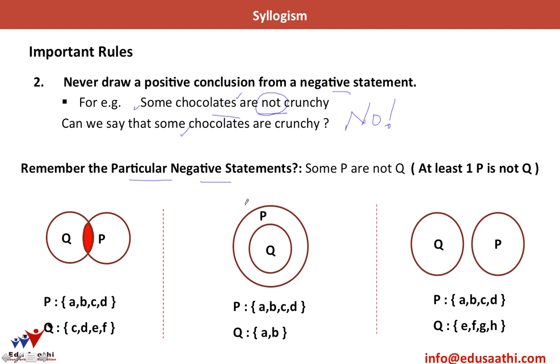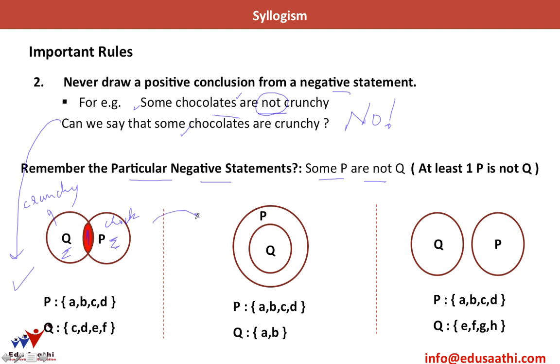These are the 3 diagrams which we drew. So some P are not Q. So P here becomes chocolates and Q here becomes crunchy. So from this first diagram, I have these chocolates which are not crunchy, and also this set of chocolates which are on the intersection of P and Q which are crunchy. So I can draw this conclusion from this first diagram that yes, some chocolates are crunchy.